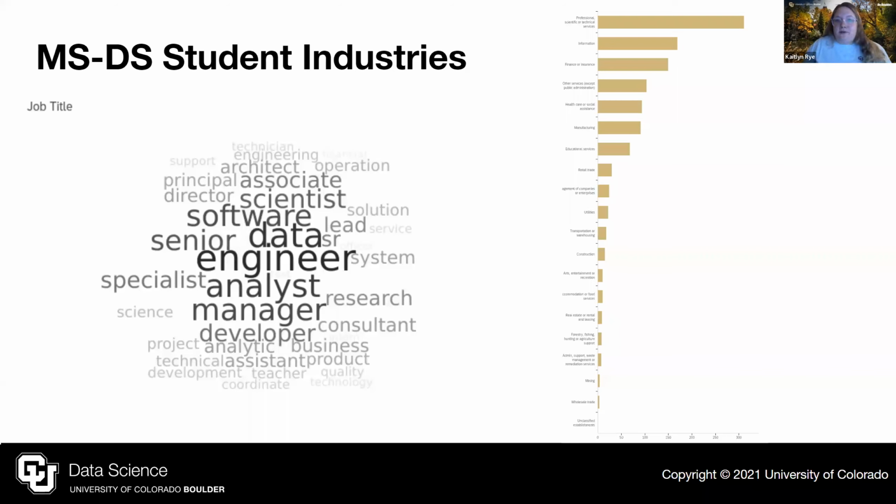We have students from a variety of different industries, and I know that one graph is very small, but it does show some of the industries students are in. A lot of them are in the technical scientific industry, but then you see the overall industries, whether that's agricultural or information, finance, healthcare, education. So there's quite a lot of students from a variety of backgrounds.